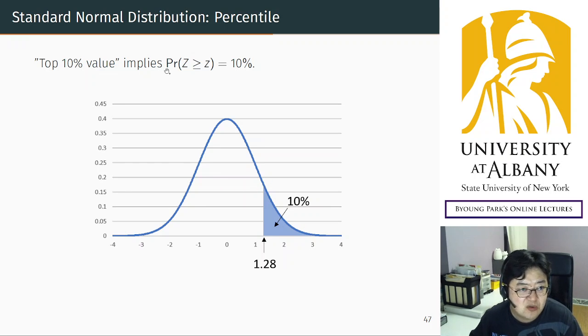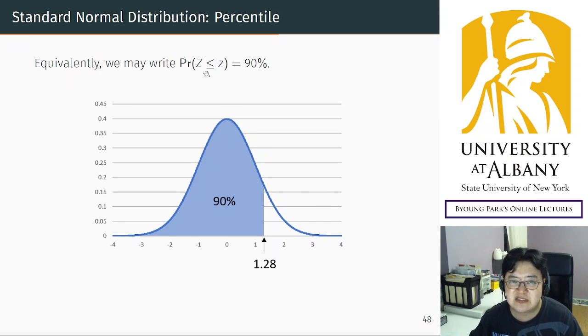This means mathematically probability greater than something equals 10%, right? But probability greater than something is not a cumulative probability. So you need to turn this to the other side.